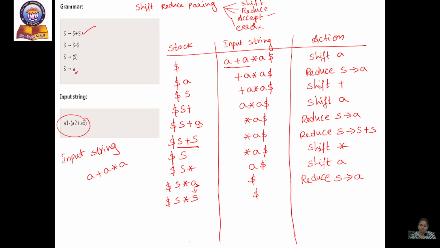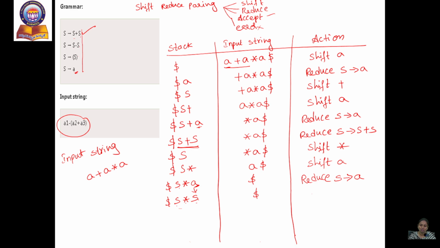Now I'm going to check whether S alone is derived by any grammar. No, S is available in the grammar. Either S into S can be replaced or reduced with its non-terminal, checking. S plus S is there, S minus S is there, S within brackets is there, but there is no production available in the grammar that is S into S. So here I cannot perform the shift action. Why?